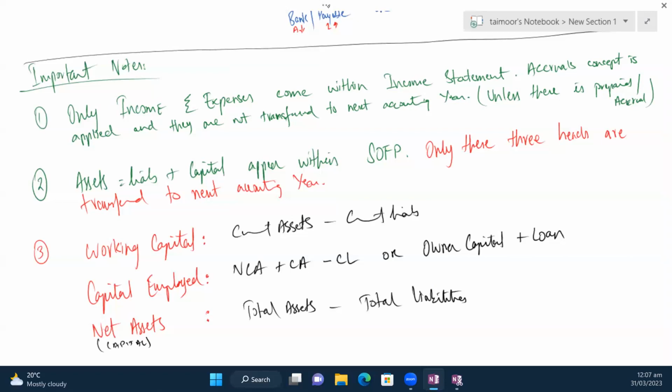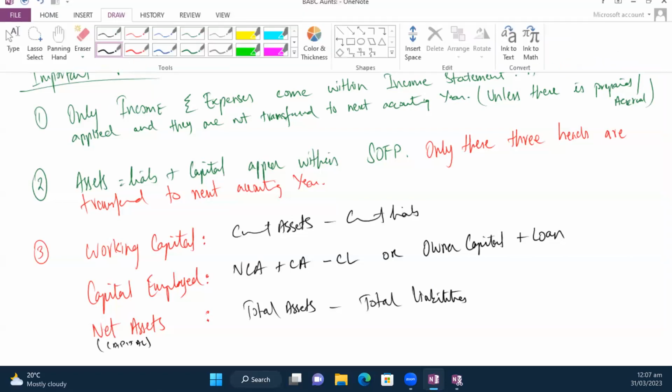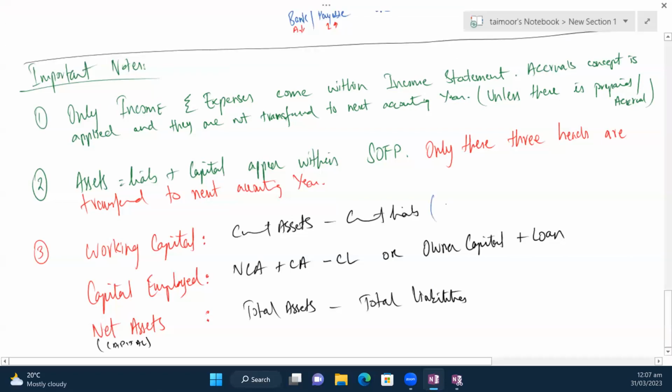Working capital. What is working capital? It is used to pay day-to-day routine expenses. What is your capital employed?